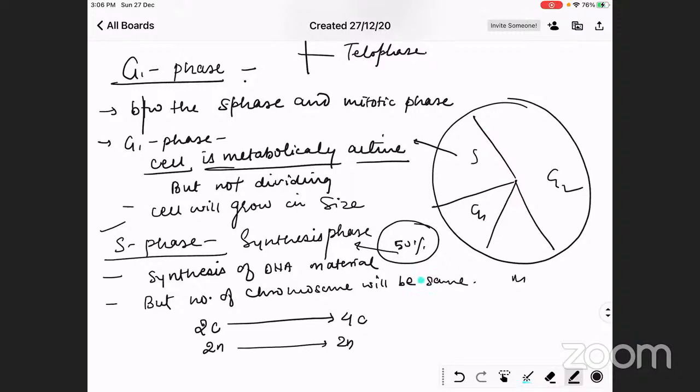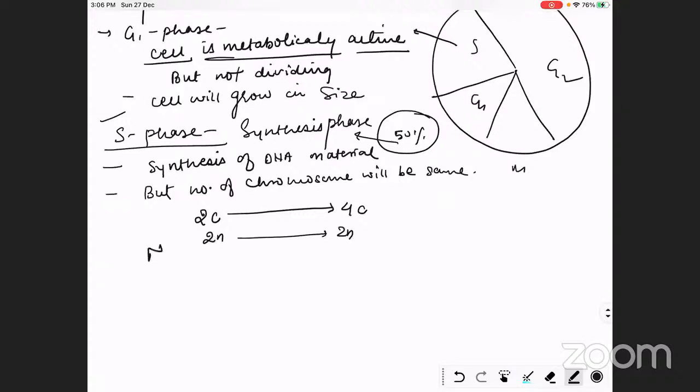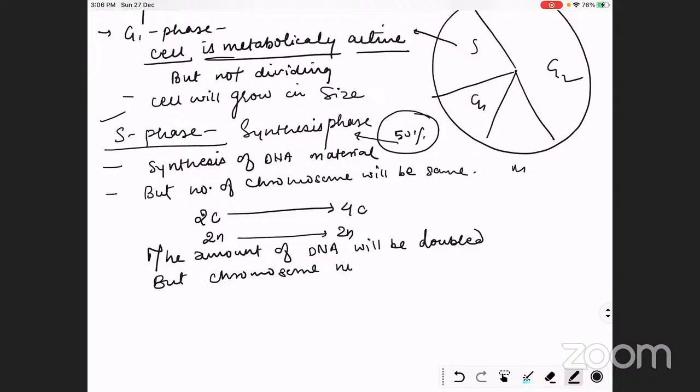So the amount of DNA will be double, but the chromosome number remains the same.